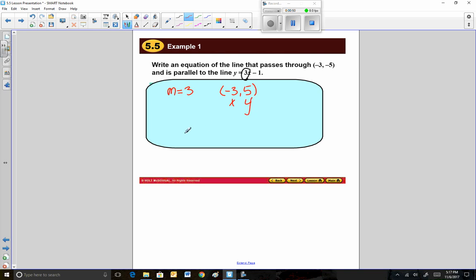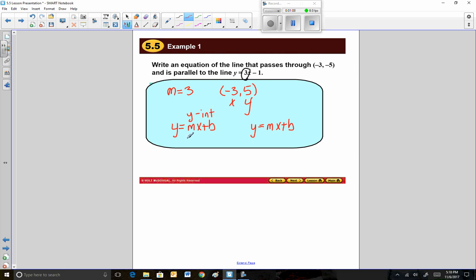And we all know how to use slope-intercept. So we write y equals mx plus b. And the first time we're looking for the y-intercept.